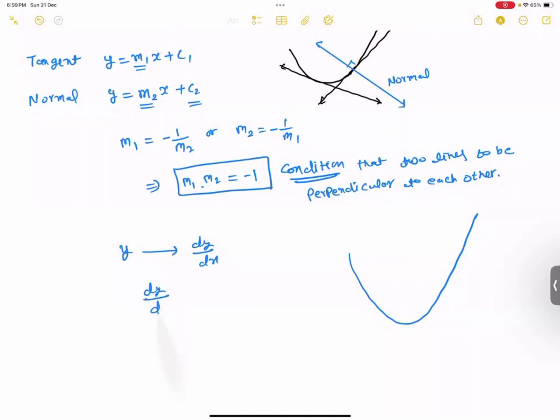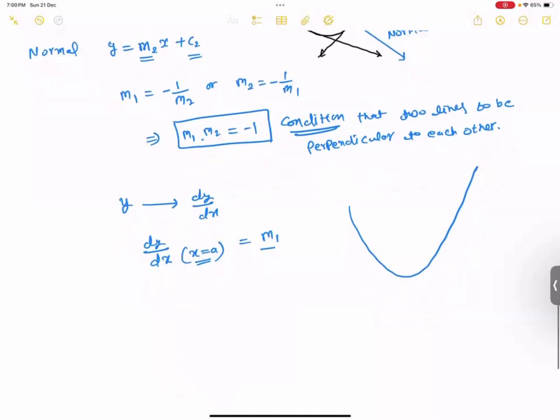So if we have dy dx and a certain point, let's say x is equal to a, when we substitute that point in the expression, we get the slope, or you can say the gradient at that point. So this gives the gradient of the curve.